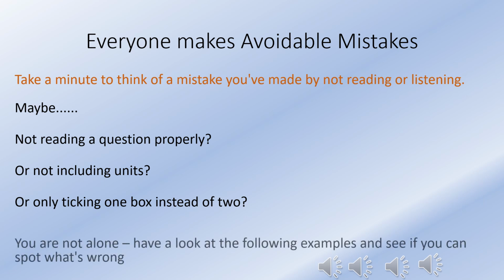Okay, have a look at the following examples and see if you can spot what's wrong. Okay, so here's a fairly typical exam question. Have a read through and see if you can work out why the student only got 1 mark out of the 3 available.